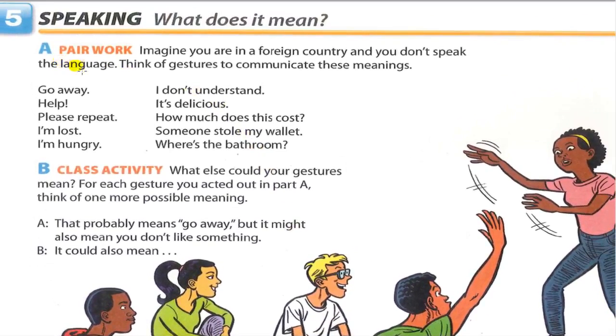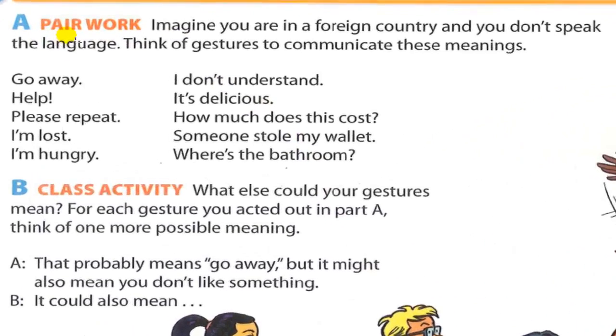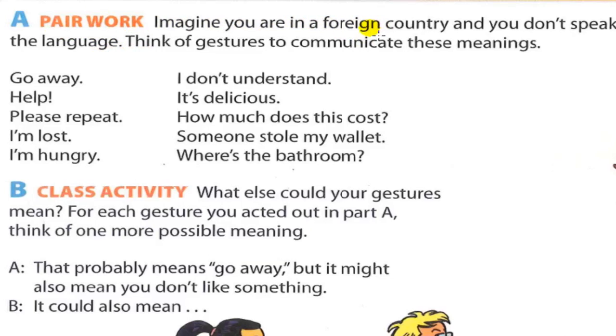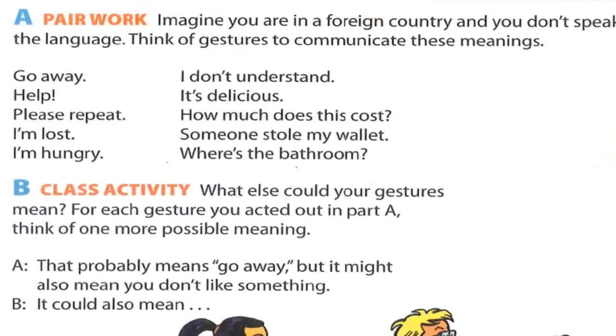Exercise number 5. Speaking. What does it mean? Here in this exercise, you and your friend are going to do it. Imagine you are in a foreign country, foreign, G silent. A. Pair work.